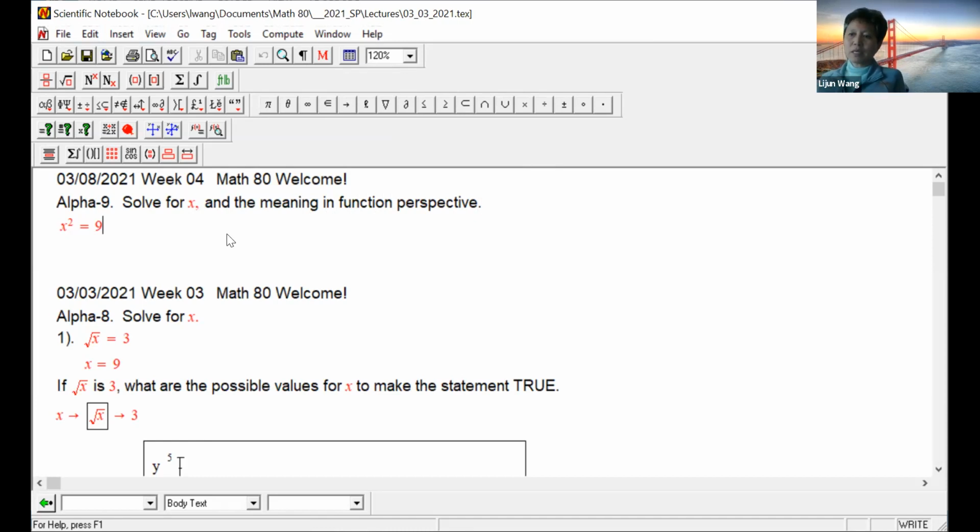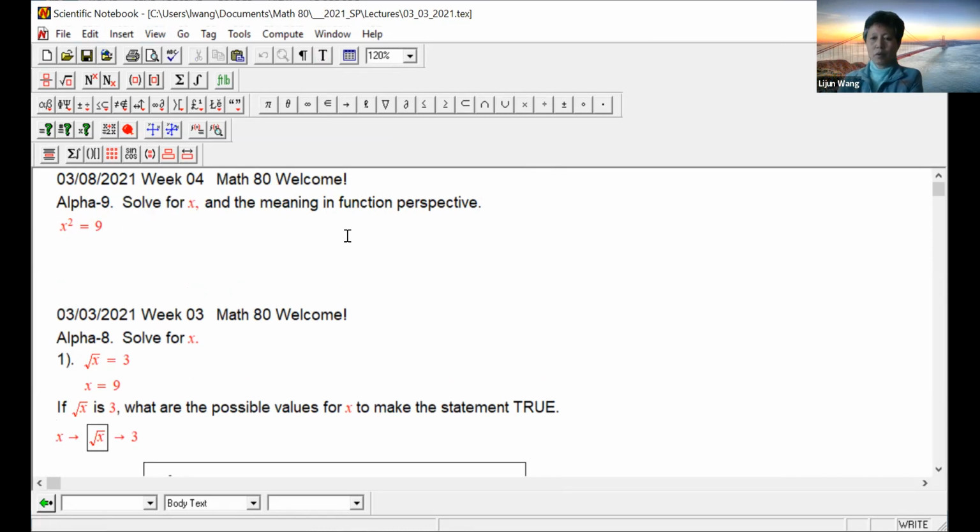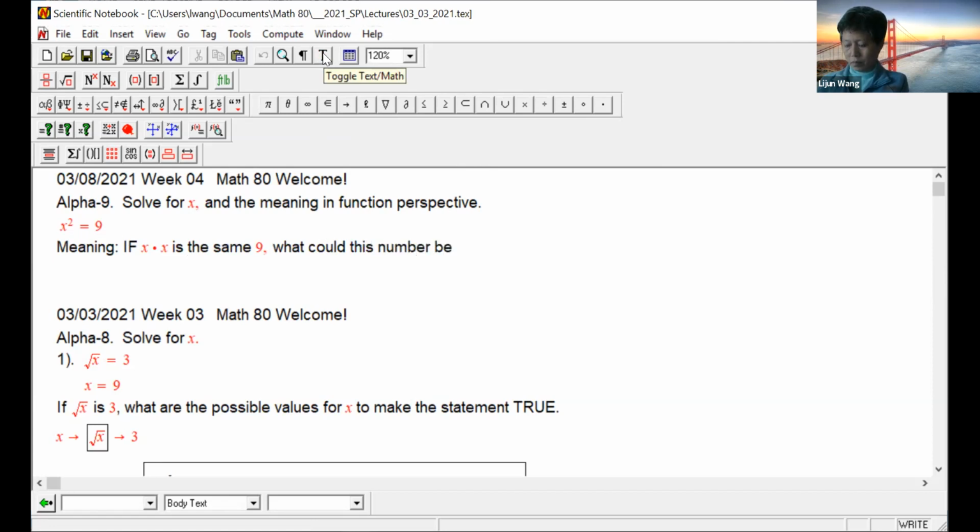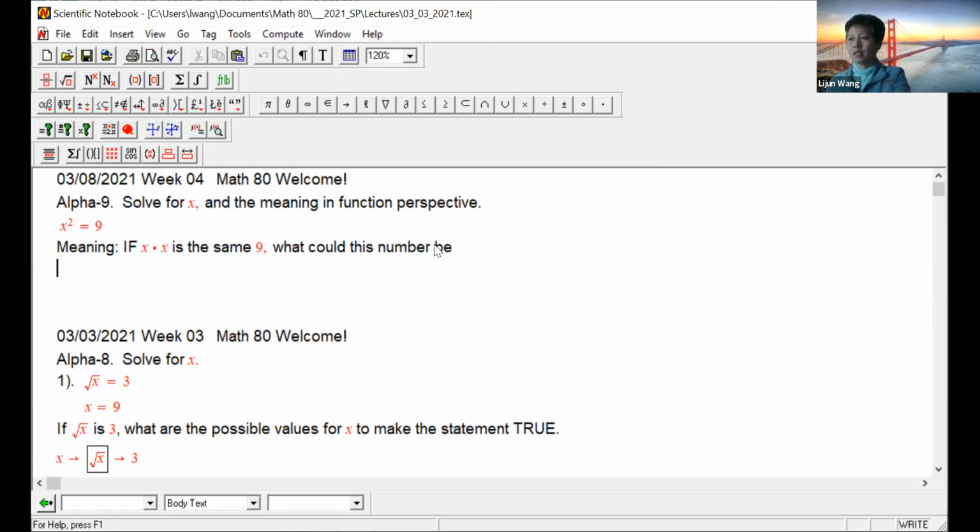And of course, once again, when we say solve for x, we know that solve for x is a shorthand notation, meaning it is an if statement. It basically says, if a number times itself is the same as 9, what could this number x be?